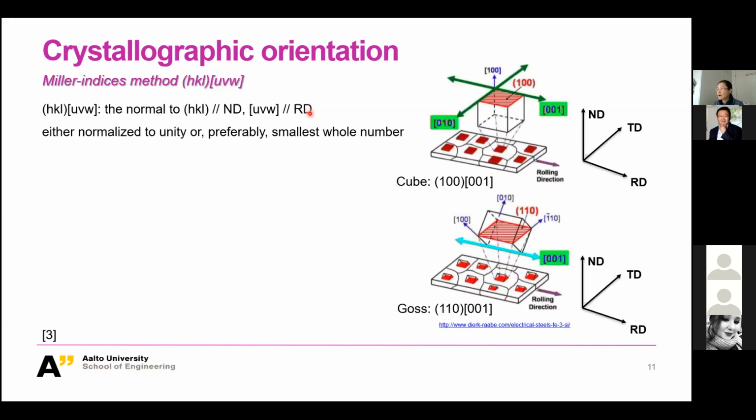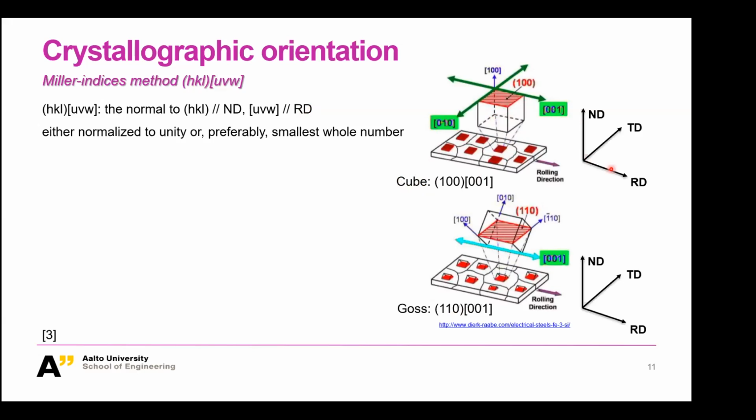Here is an example. The first one is the cube orientation. You can see this cube just stays there, as its coordinate is totally the same as your sample coordinate. Therefore, according to this definition, the normal direction of (hkl) is parallel to ND.